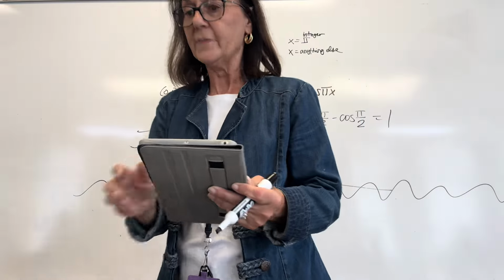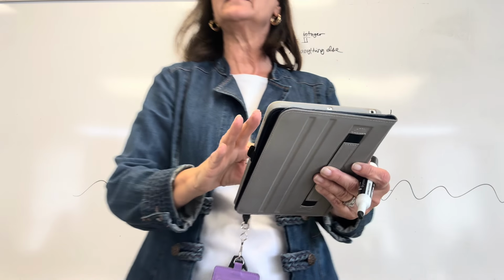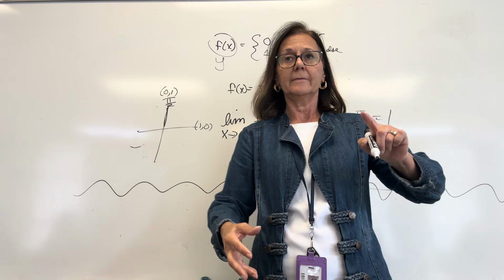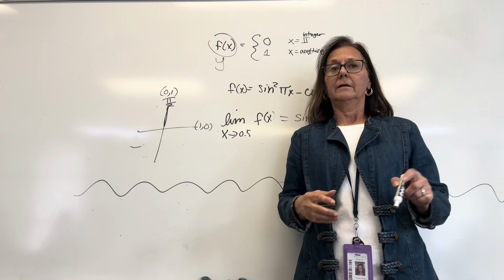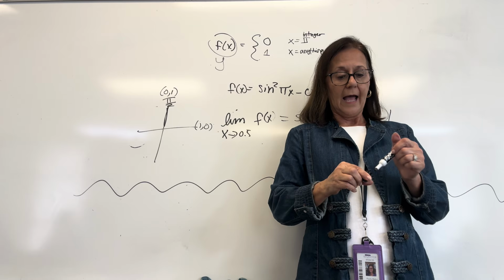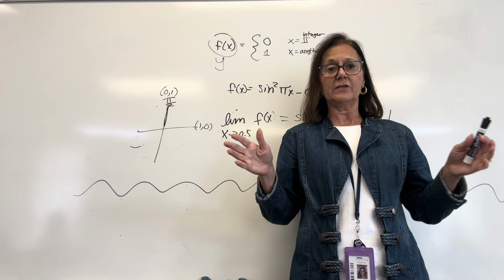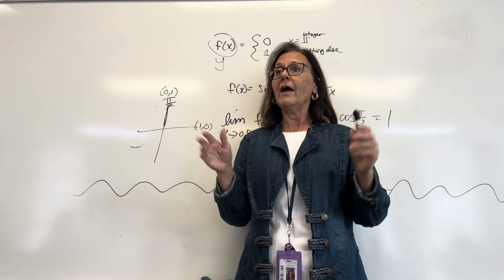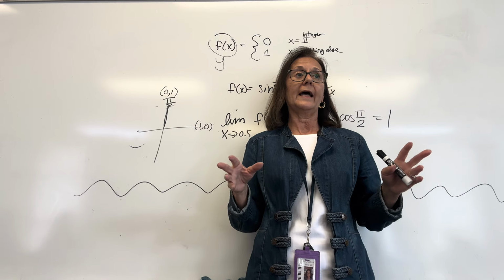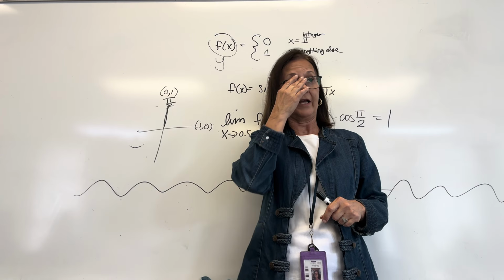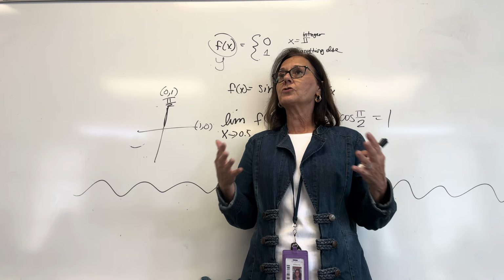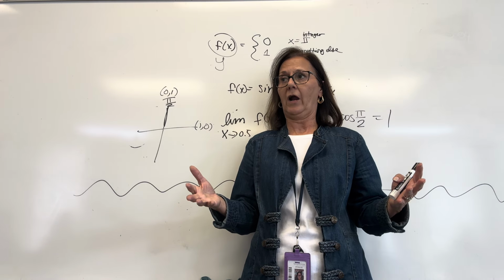All right, turn to page 914. There are 3 cases when a limit does not exist. However, I'm going to give you this caveat. We're going to look at 2 of these situations, and we are going to use limits to describe the behavior of the graph.